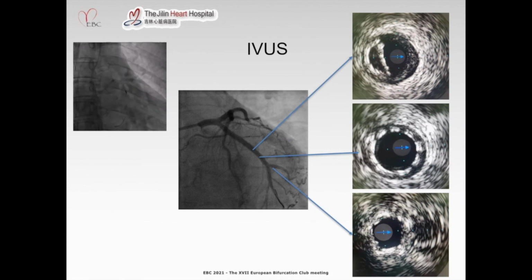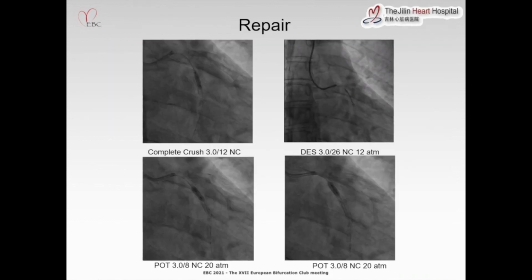So he did IVUS, and although the angio was not so bad, this showed multiple places where the stent was crushed, so the wire went in and out many times during the first rewiring or the second one.